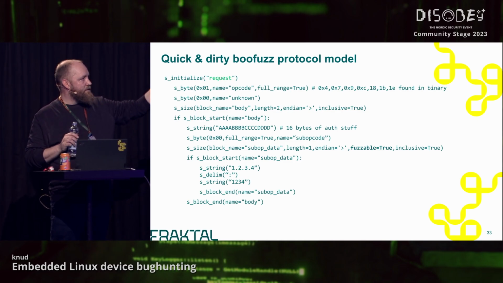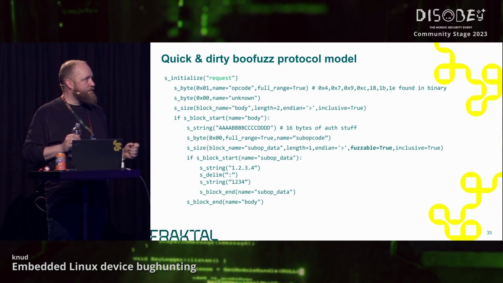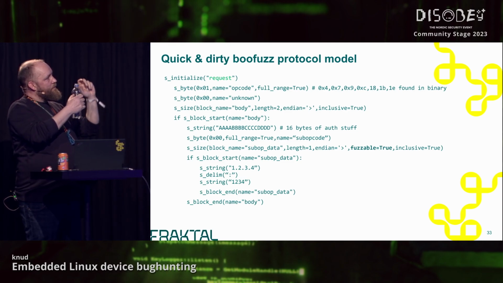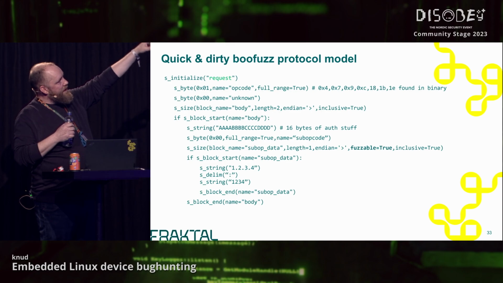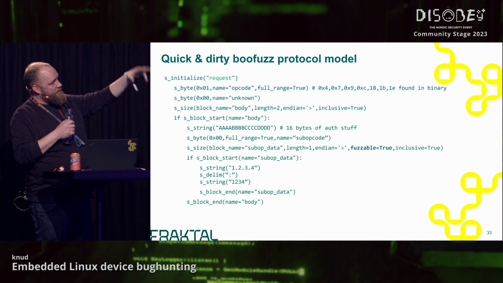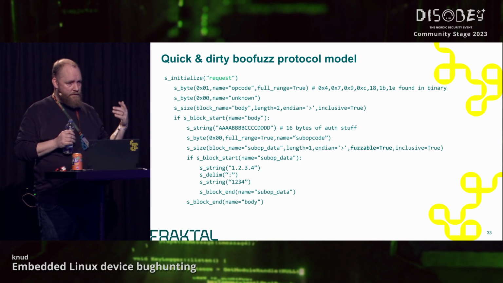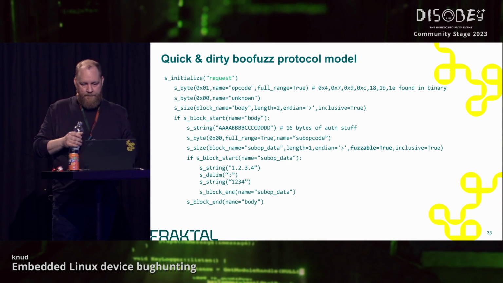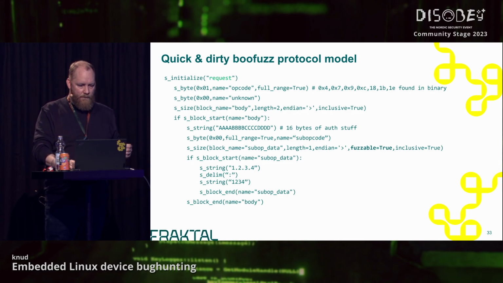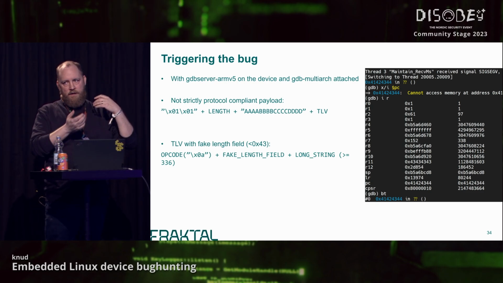And where it encounters strings, it has a long library of known bad string values. And the good part is that the S size on line 4 is going to update automatically once the fuzzer is inserting malformed data further down in the packet. And then you can just trigger the bug because you know exactly how to speak the protocol.